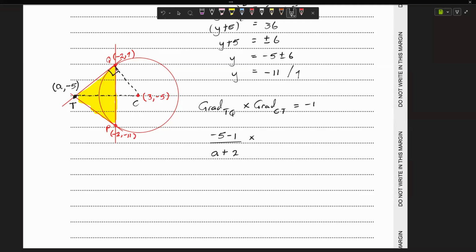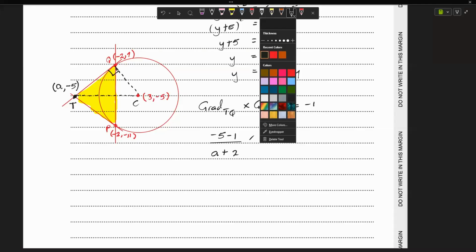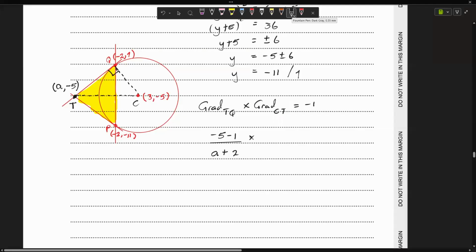The gradient of CT is going to be -5 minus 1, over 3 minus 2, which is plus 2. So this should give us -1, right?